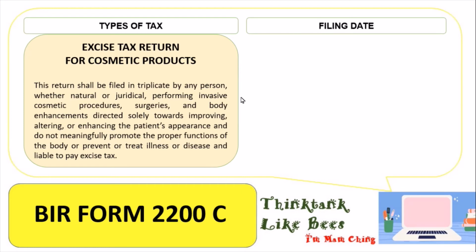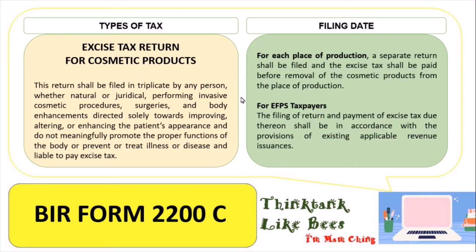So filing date: for each place of production, a separate return shall be filed and the excise tax shall be paid before removal of the cosmetic products from the place of production.